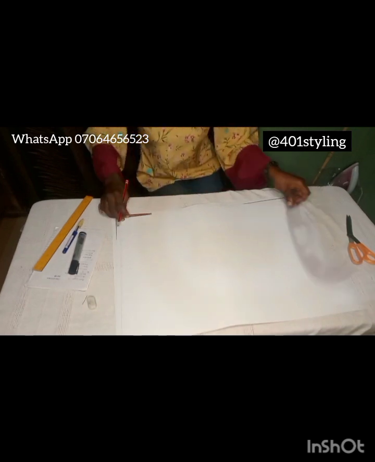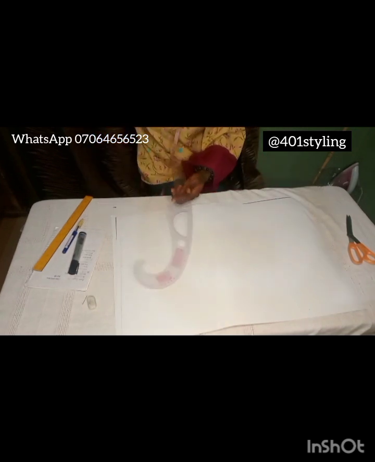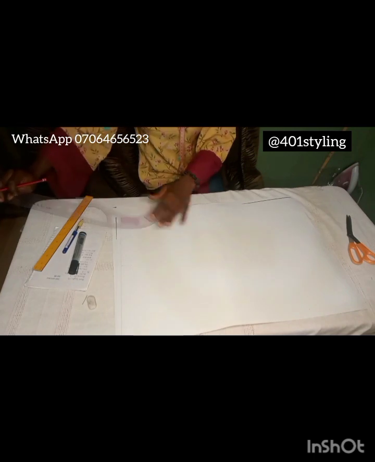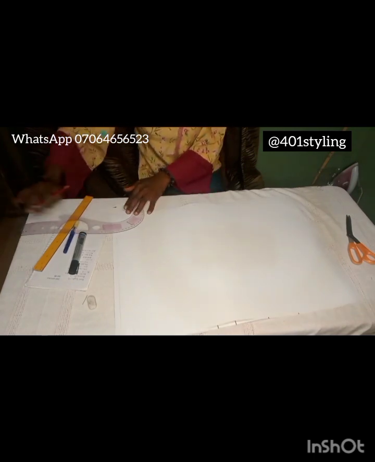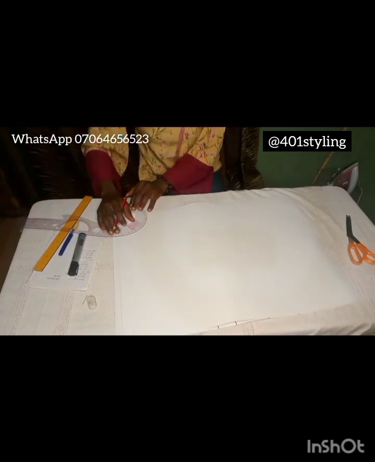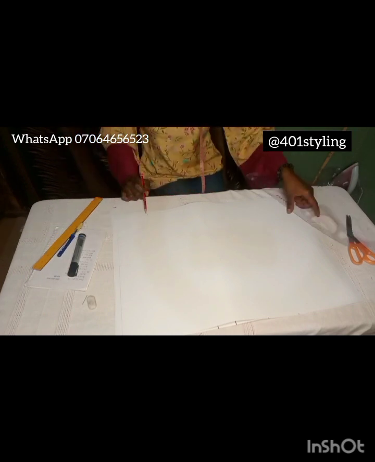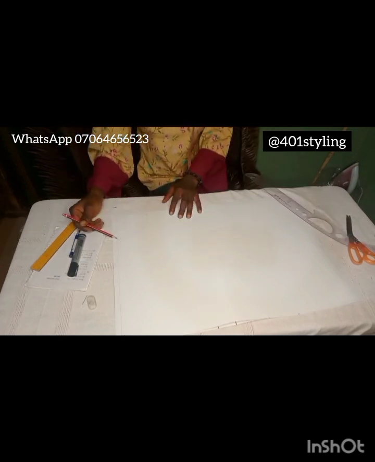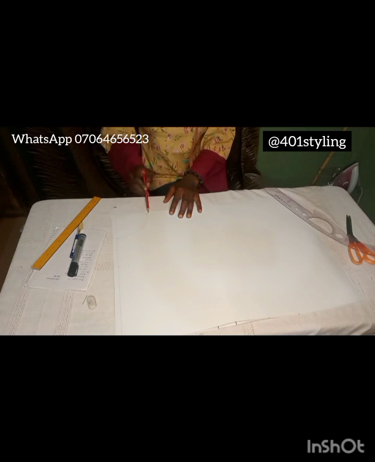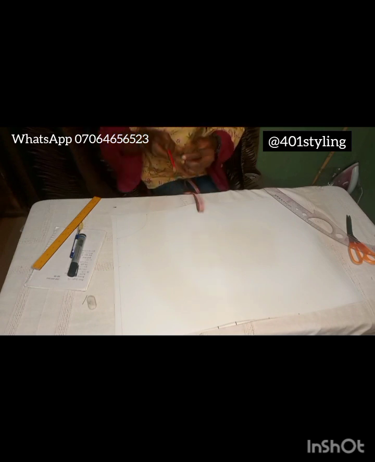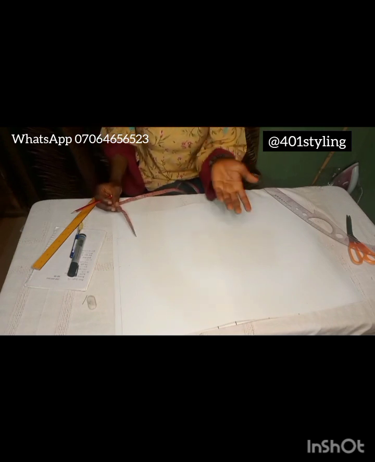Then you come with your curve rule to get a round neckline. It's not a must to make use of this kind of curve rule, remember. So you connect like so. That is your neck width, and this is your neck depth. But the standard is around 3 by 3 inches.